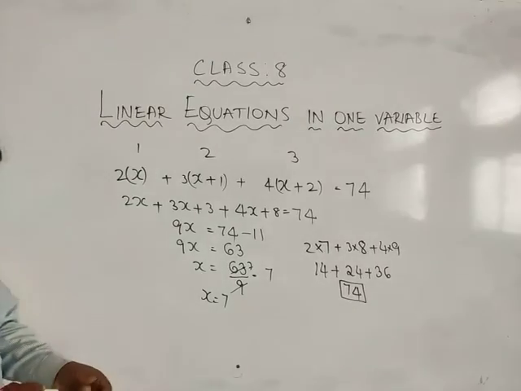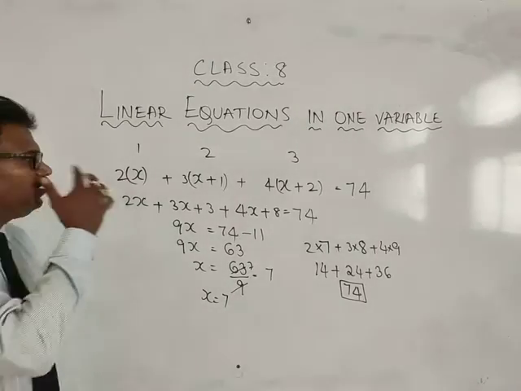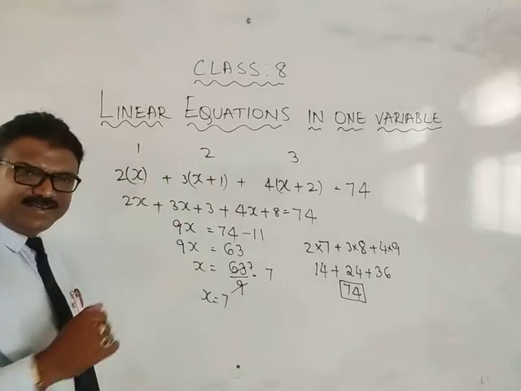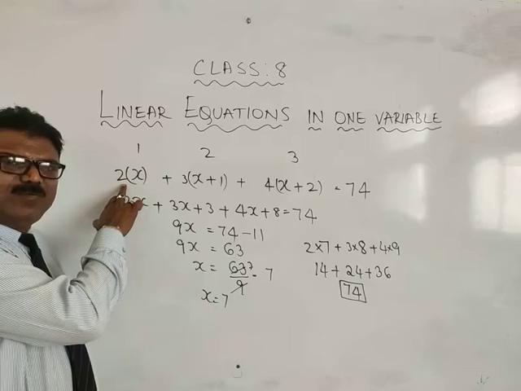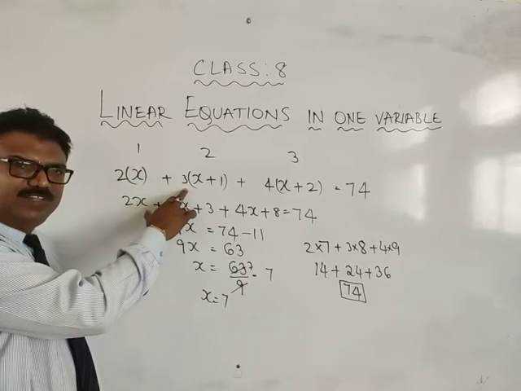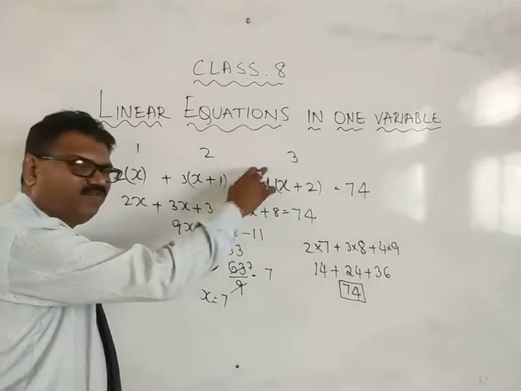Clear? See one more time please. There are three continuous numbers where the first number is multiplied by 2, the second by 3 and the third by 4.